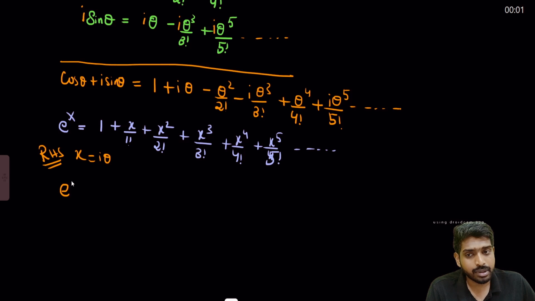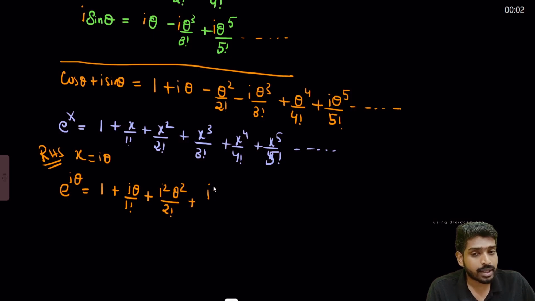Expansion I'll get, e to the power iota theta is equals to 1 plus iota theta upon 1 factorial plus iota square theta square by 2 factorial.